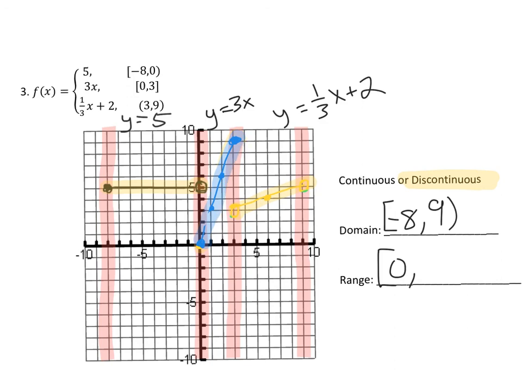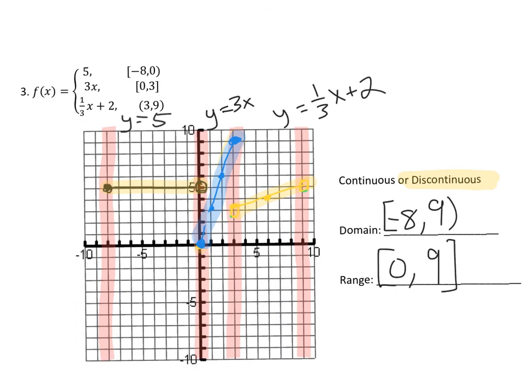And because we run all the way up with a solid line, we have to include all those y values leading up to my highest y value. So this one right here is going to be from 0 to 9, okay? And it looks like it's a bracket because it's a closed circle.